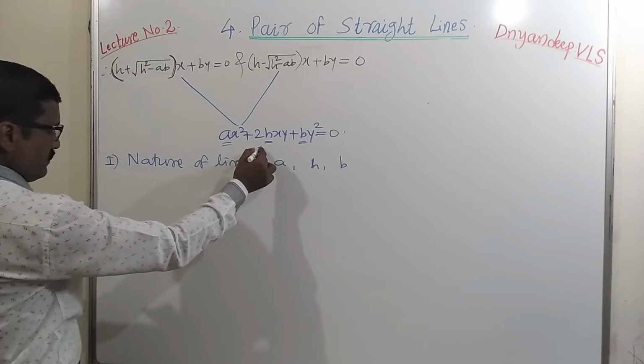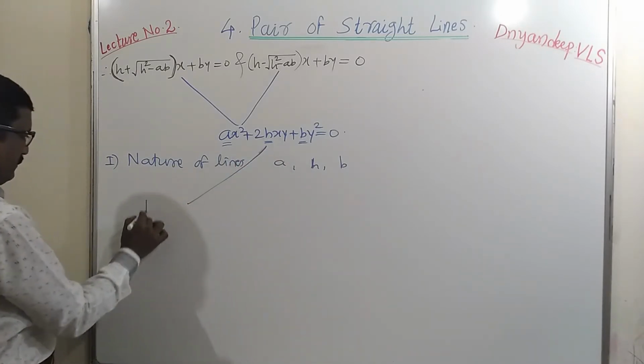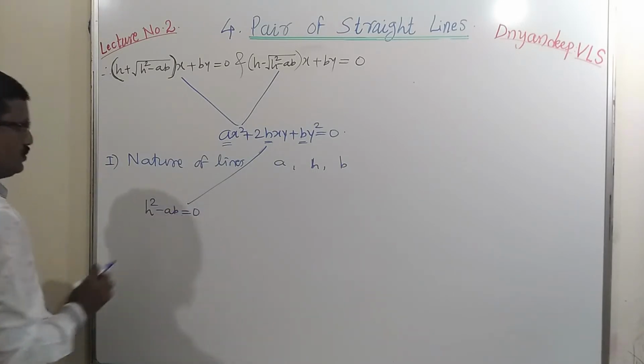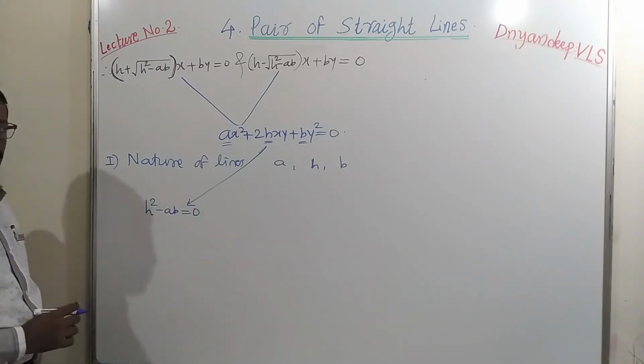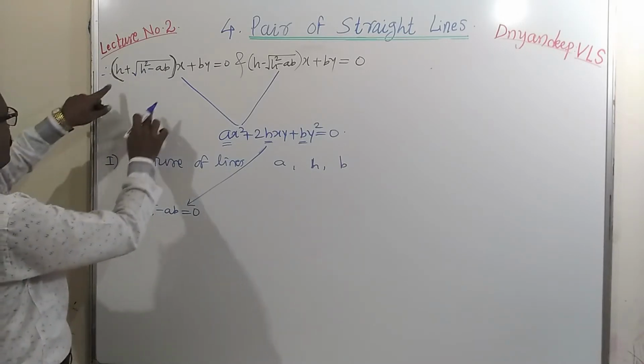So the first condition is if h square minus ab is equal to 0. It means this root will get cancelled, remains only h.